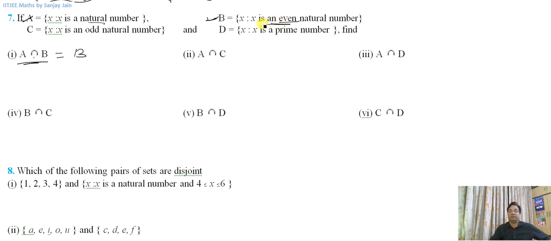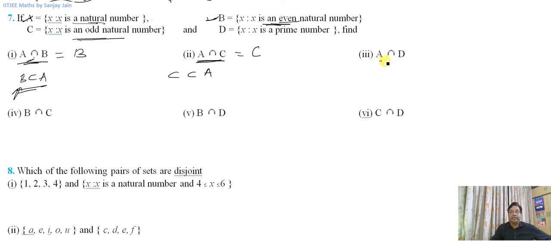Because B is a subset of A. So what will be the answer for your intersection? The subset. A intersection C. X is an odd natural number and X is a natural number. So obviously C is a subset of A. So your answer for this will be set C.